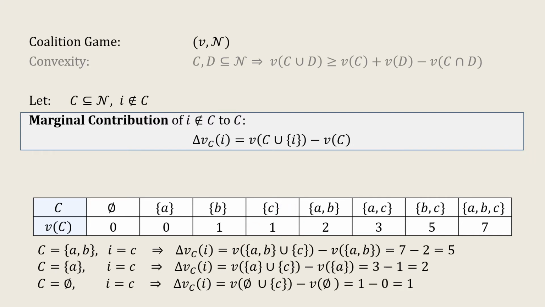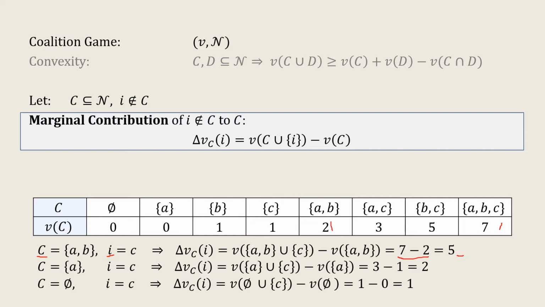Now, let's take up this first case. We have a coalition C equal to A, B and i equals C. So C is the new agent that joins the coalition. What's the marginal contribution of C? Before C joined, it was 2, and after C joined, the coalition would be ABC, so it became 7. So 7 minus 2 equals 5.